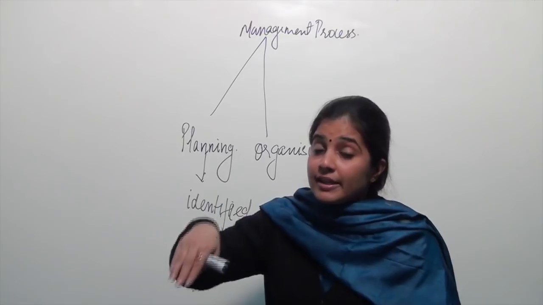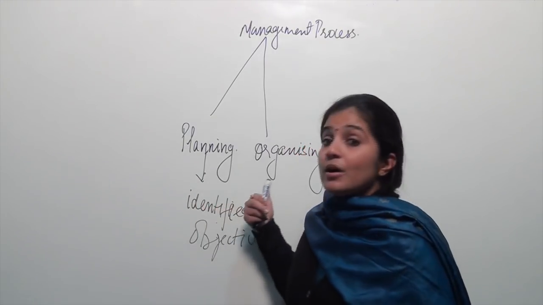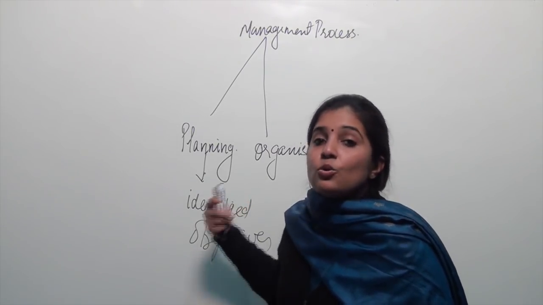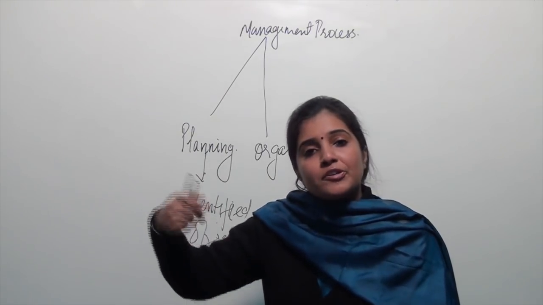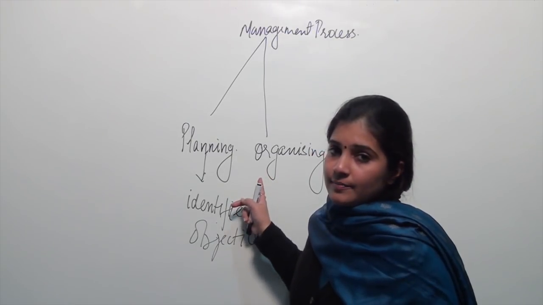Now, whatever are the ingredients required to make that particular dish, I am going to arrange for that, right? And I am going to decide who's going to do what. I am going to define the authority-responsibility relationships in the process of organizing.